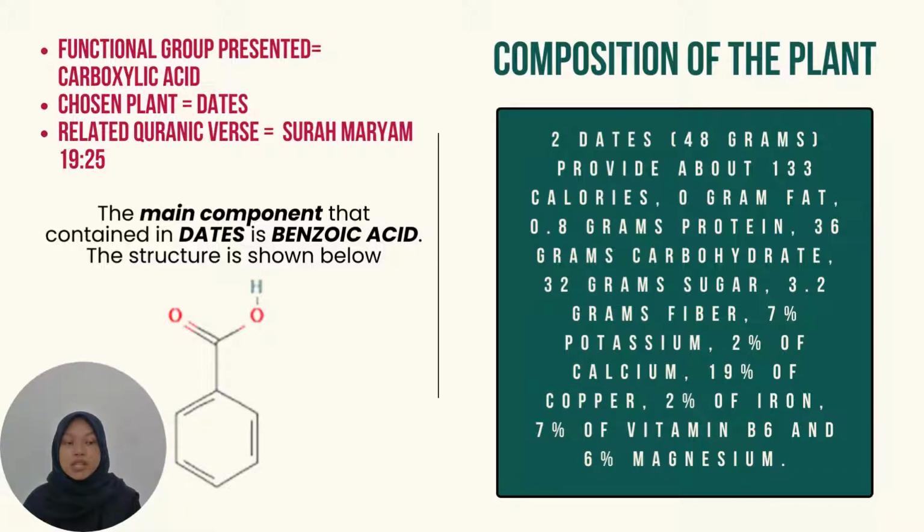For two dates, approximately 48 grams provide about 133 calories, 7 grams fat, 0.8 grams protein, 36 grams carbohydrate, 32 grams sugar, 2.2 grams fiber, 7% of potassium, 2% of calcium, 19% of copper, 2% of iron, 7% of vitamin B6, and 6% of magnesium.